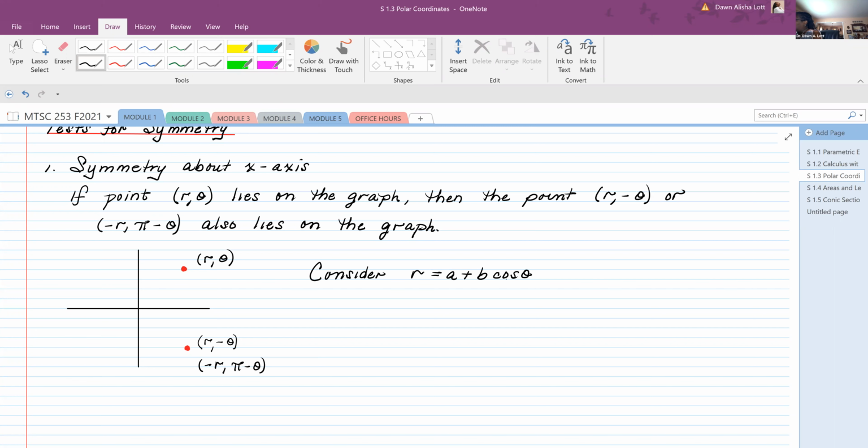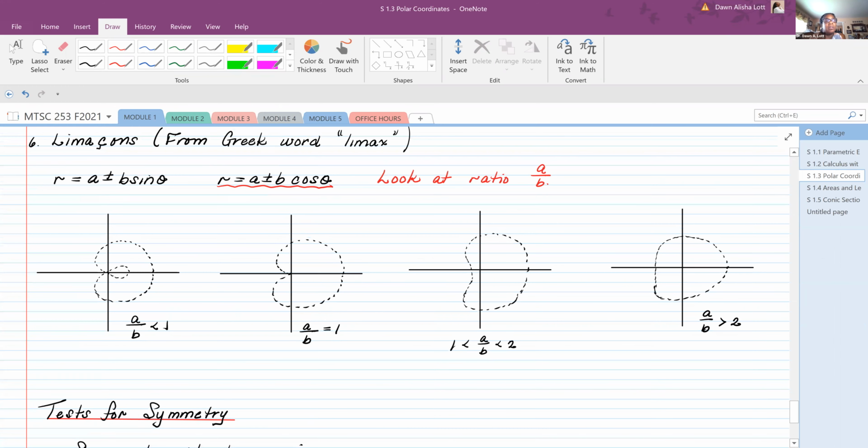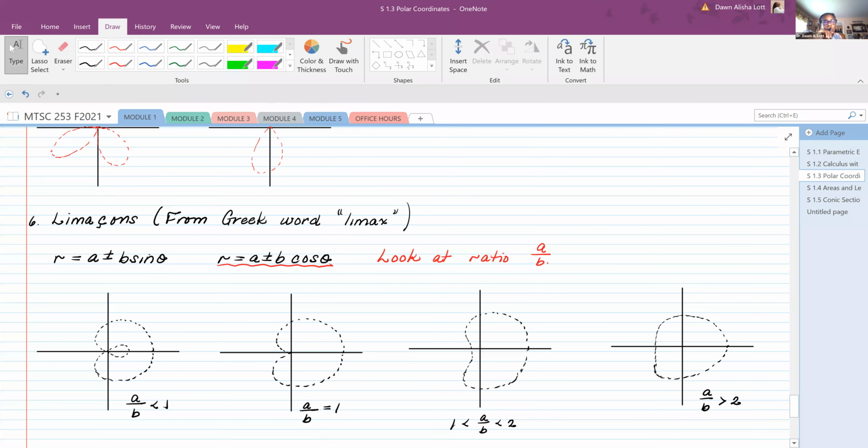Maybe I did this wrong. I think I graphed this. I think these are the signs. Let me see. If theta equals 0, I think I graphed the sine.